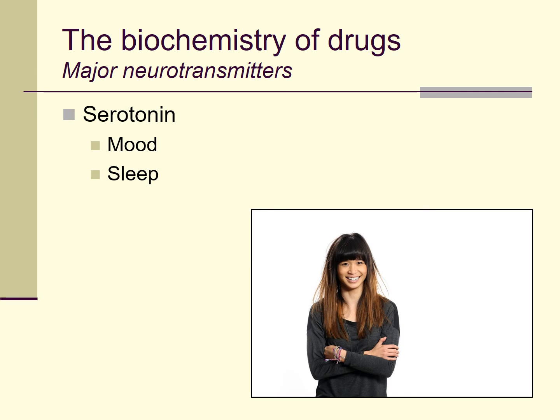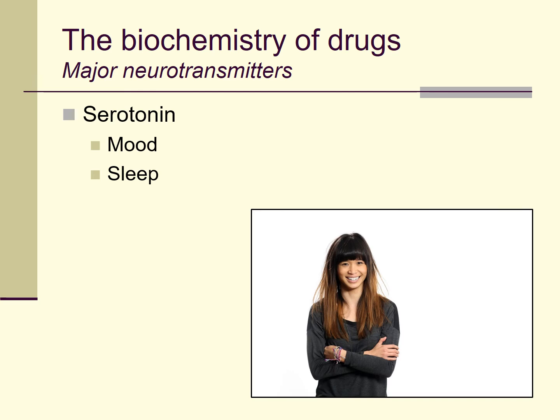Again, you may be familiar with serotonin from other classes you've taken, or if you or someone you know takes any antidepressant or anti-anxiety medications, many of these, not all of them, but many of them work upon serotonin systems in the brain. Serotonin, like all the neurotransmitters, does different things in different places, but in many parts of the brain it is involved in regulating mood and regulating aspects of arousal and sleep.